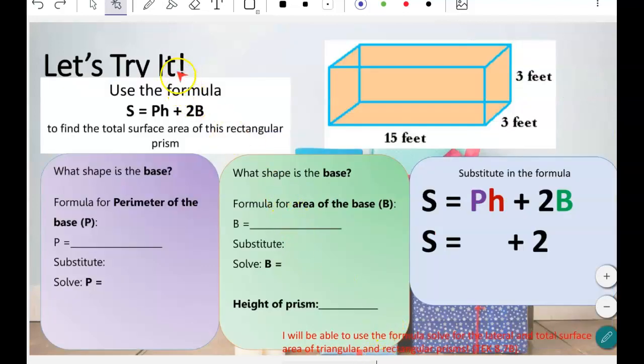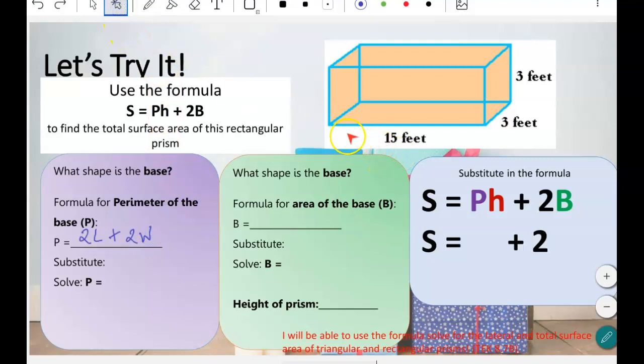So let's break it down and try this example. Make sure you're writing this down in your math notebook, please. So we start with the formula. So what shape is the base? It's a rectangle. Formula for perimeter of the base. Now I said earlier you can just add all 4 sides together, but the formula actually is twice the length plus twice the width.